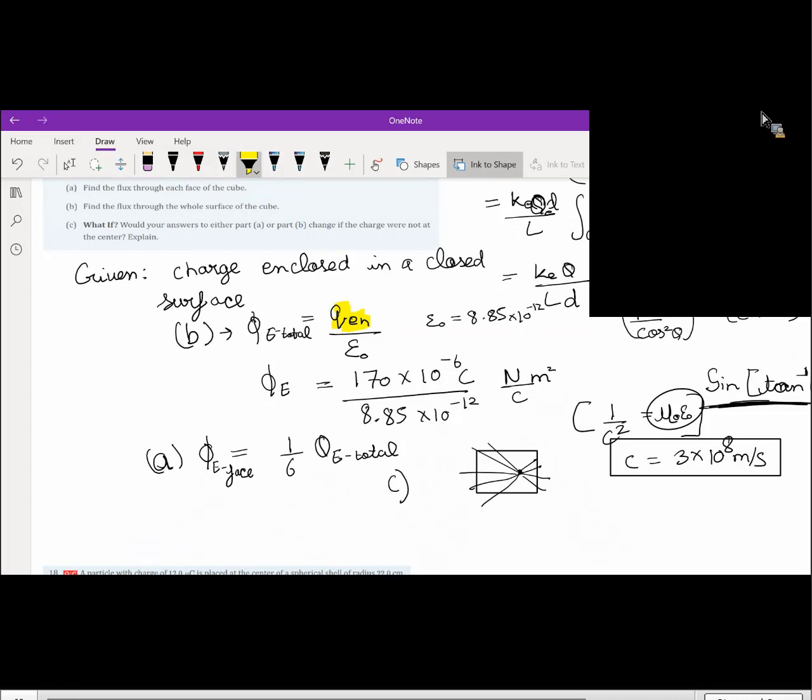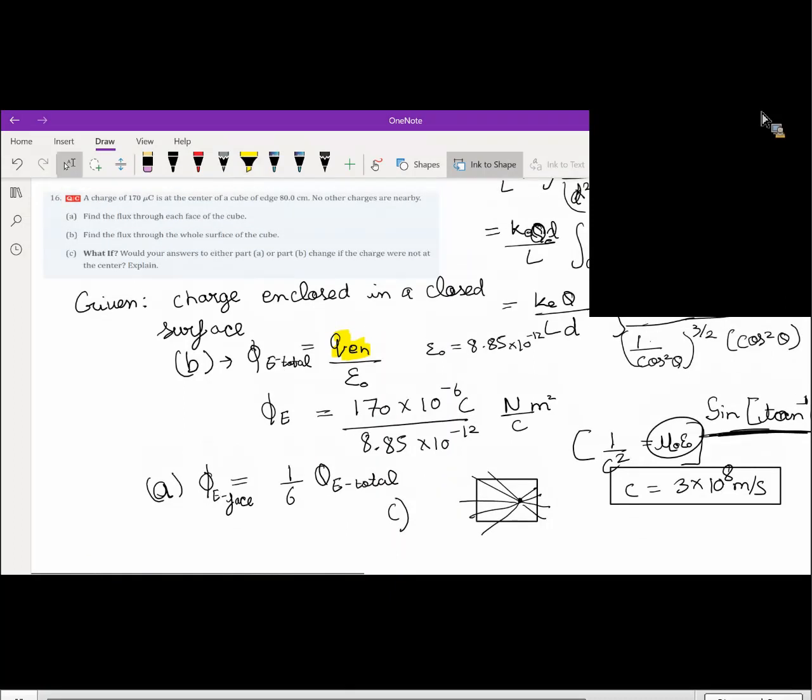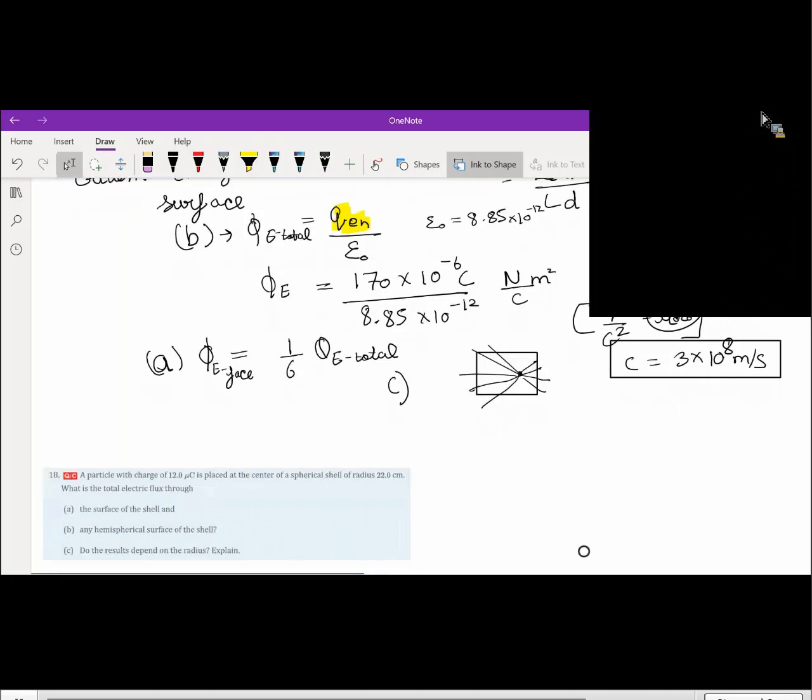Not bad. You just have to see through the question. A says flux through each face of the cube, and B says through the whole surface of the cube. So for part A, yes, it will change.